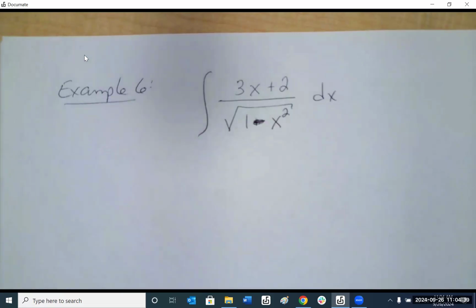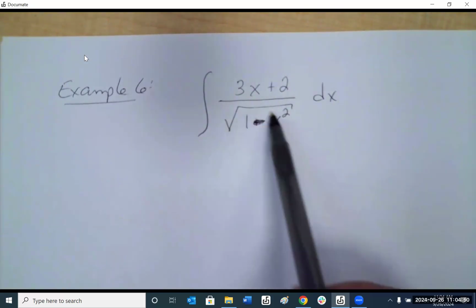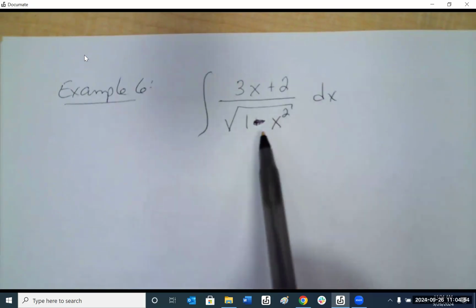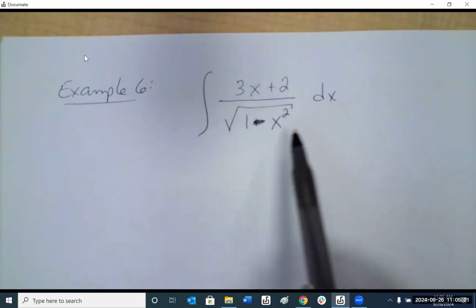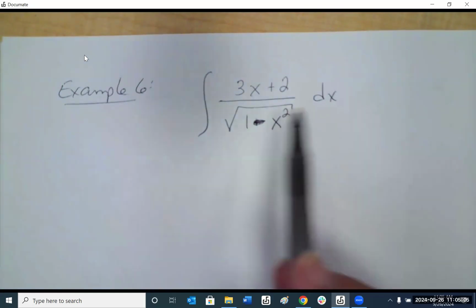So what would you do here? We can't do long division because we have a radical on the bottom. Is this u, is that du? No, because if this is u, du would be negative 2x. That's not it.